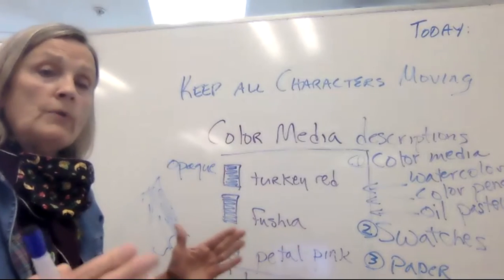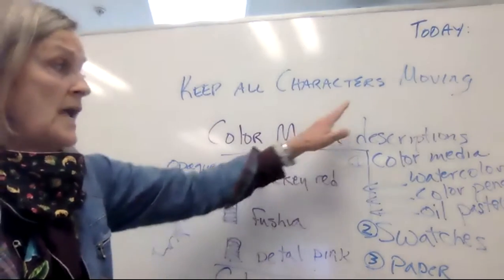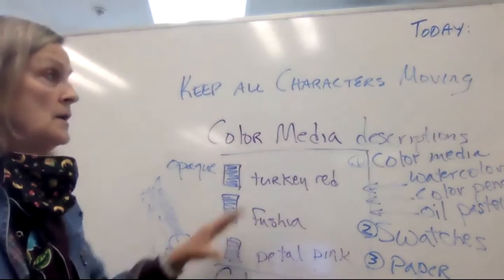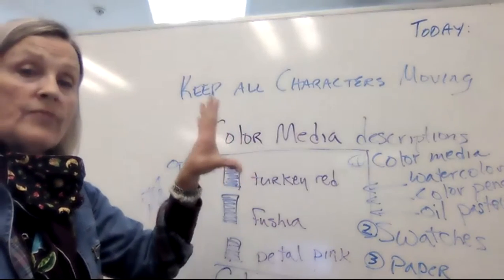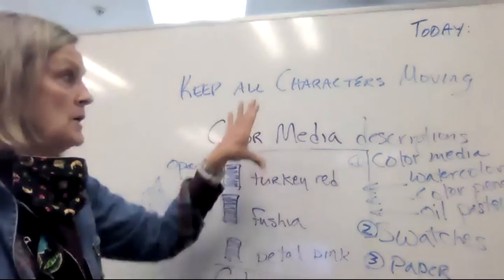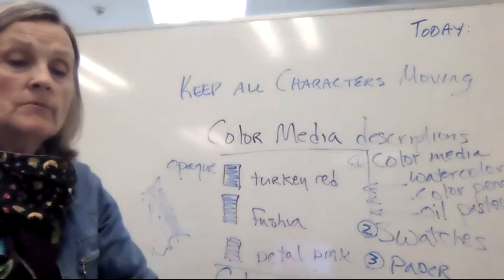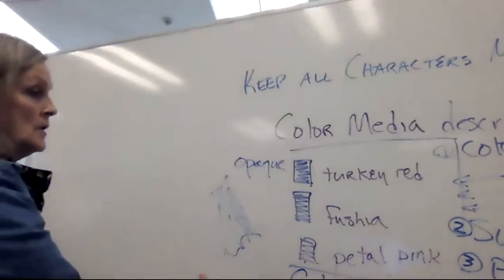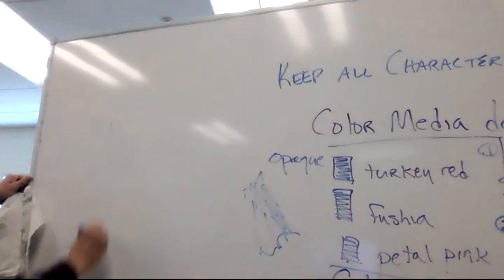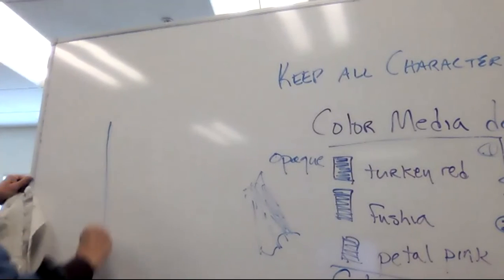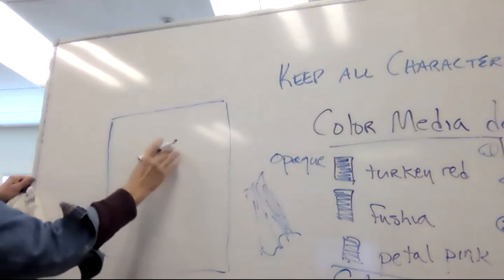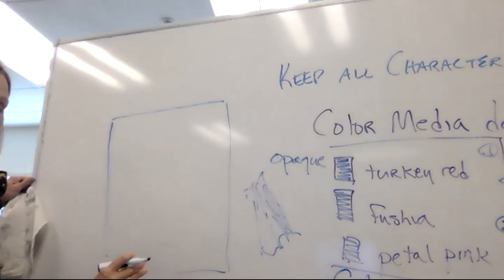What we want to do is have this experimentation that we're going to work on Wednesday. And we want the figure to be positioned on the page. So here's your page, and your figure is going to be positioned. That's why we did the line, but your figure is going to have good positioning on the page.